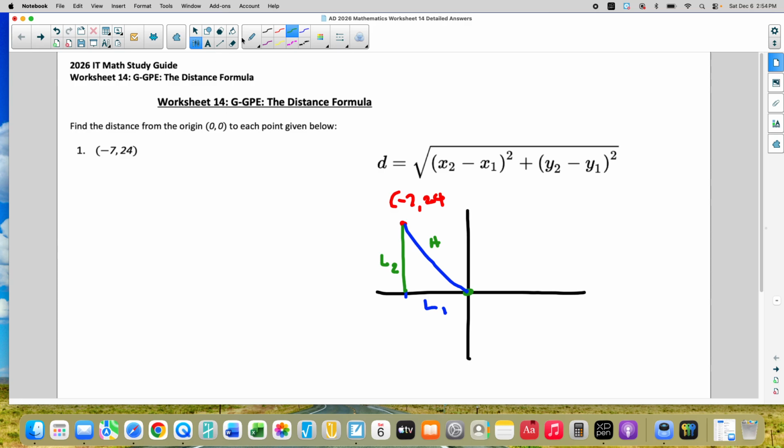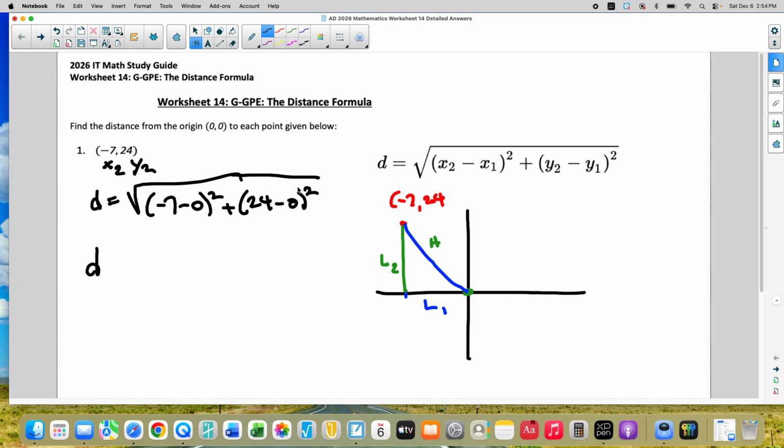So distance equals the square root. Now we don't do plus or minus because distance can't be minus, so we're only doing plus. So we'll make these our x sub 2, y sub 2. So we have -7 minus 0 quantity squared plus my y sub 2, 24 minus 0 quantity squared.